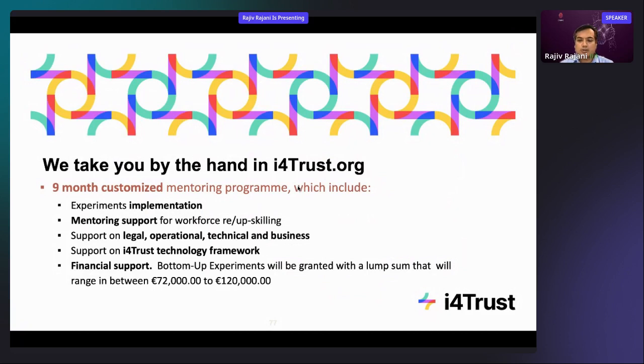We provide all kinds of mentoring support in terms of legal, operational, technical, and business challenges that you may face. Also, for the ready building blocks and the open source components we provide, we give you support. And last but not least, very important, you also get funding, which is equity funding, as you saw, for the selected experiment, depending on the size of your consortium.